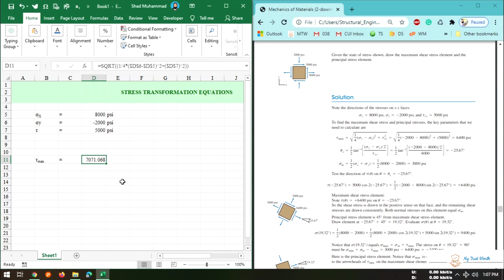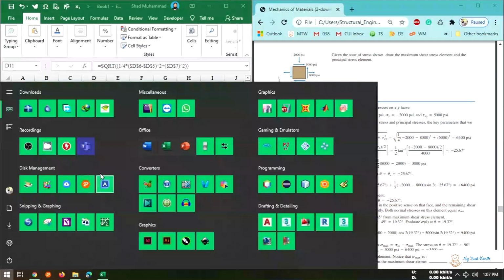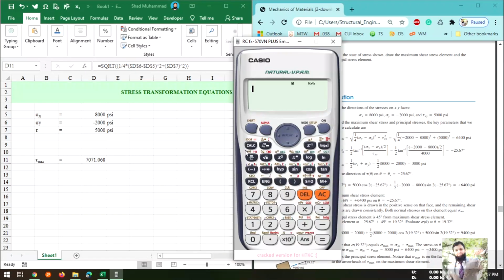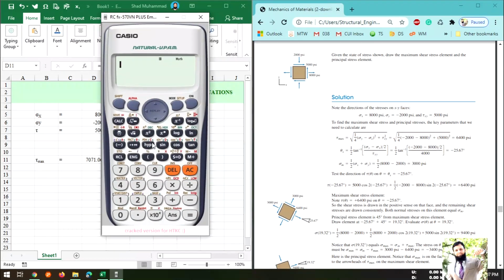Let me solve this with the help of calculators. Maybe this equation is having some problem.